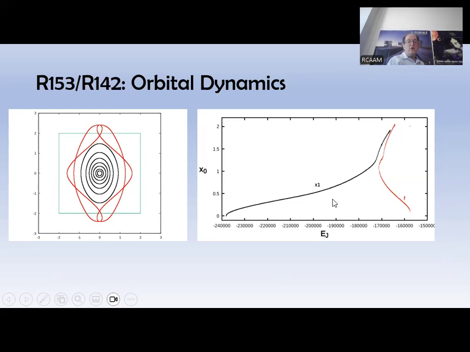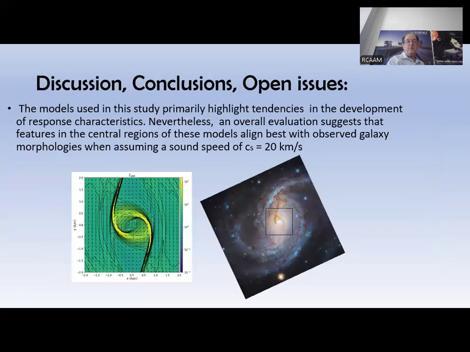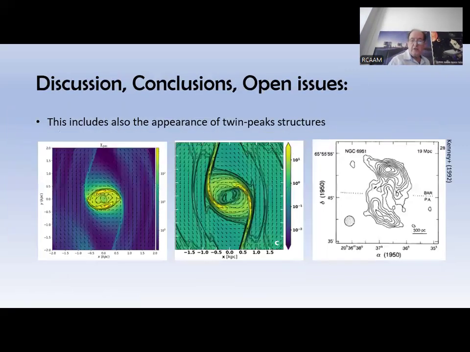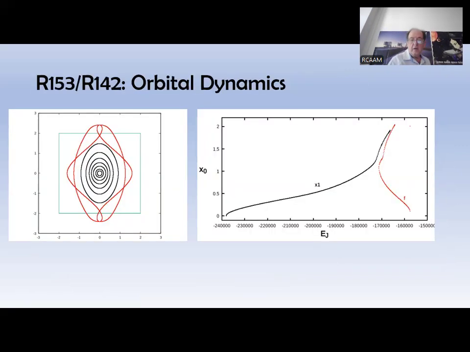Look here, there is however a difference. The difference is farther away from the center of the galaxy. I repeat, we do not have here an X2, X3 or other families.